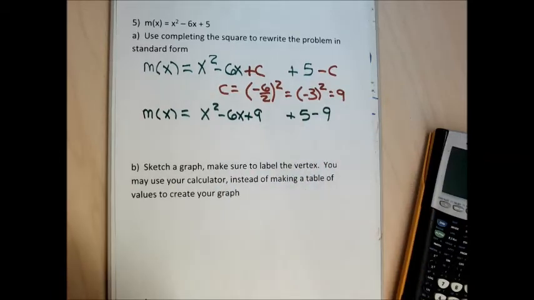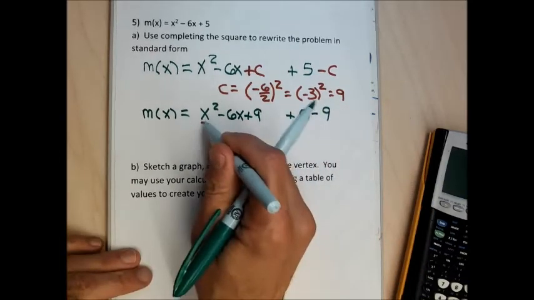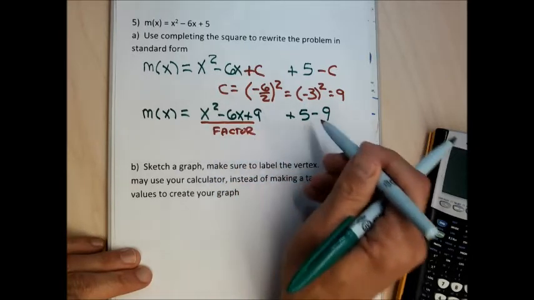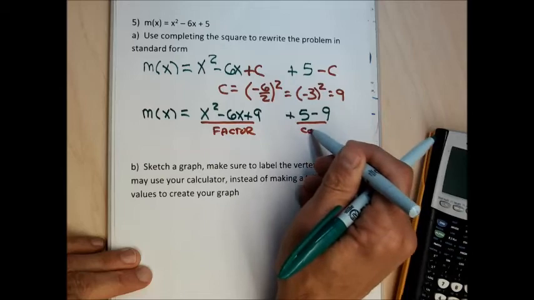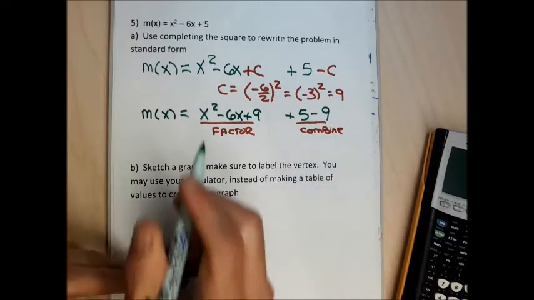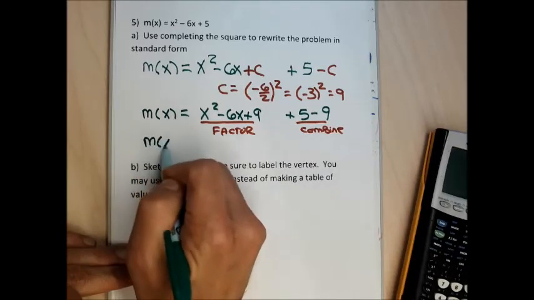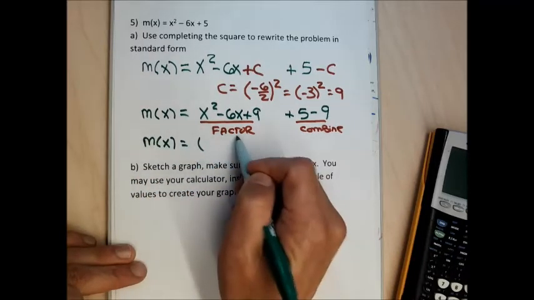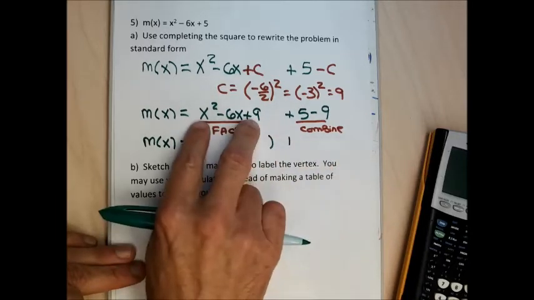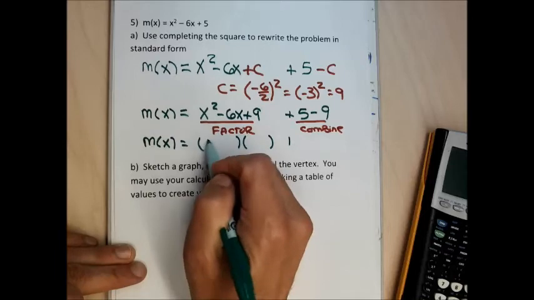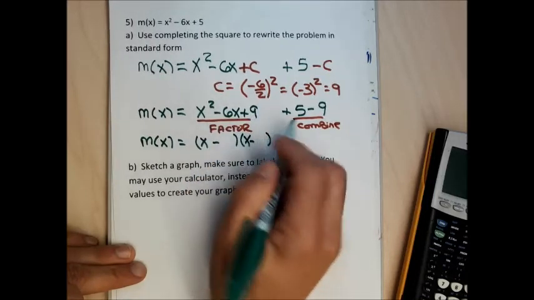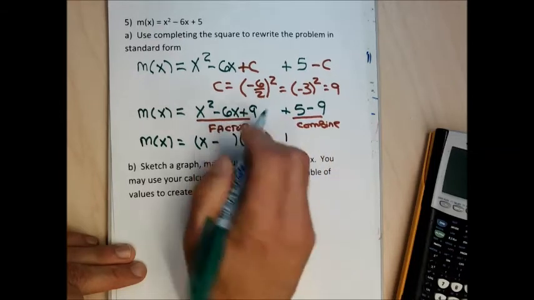Once I add and subtract 9 to the left-hand side, I'm going to factor the first 3 terms, and I'm going to combine the last 3 terms. Should be easy factoring for you. When I go to factor these terms, the first are a couple of x's because I need to multiply out to x squared. The signs are a couple of minuses, and the last need to multiply to 9 and add to 6.